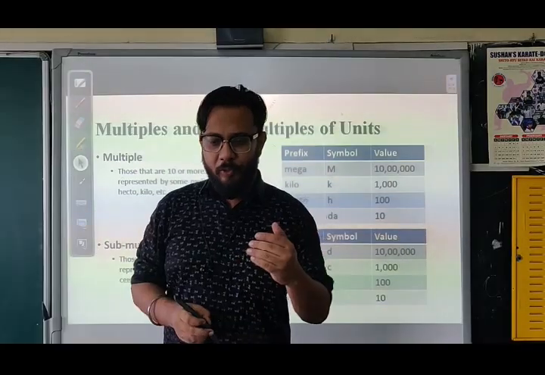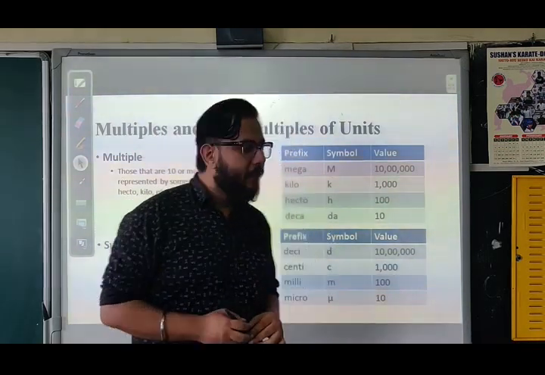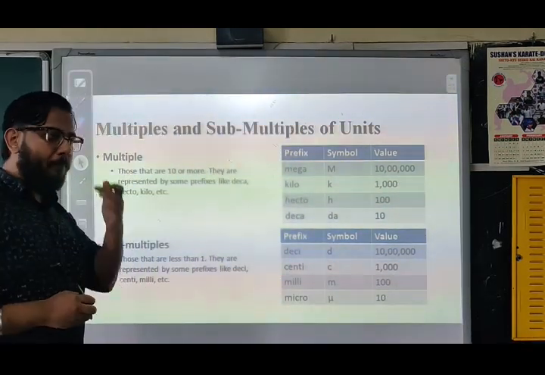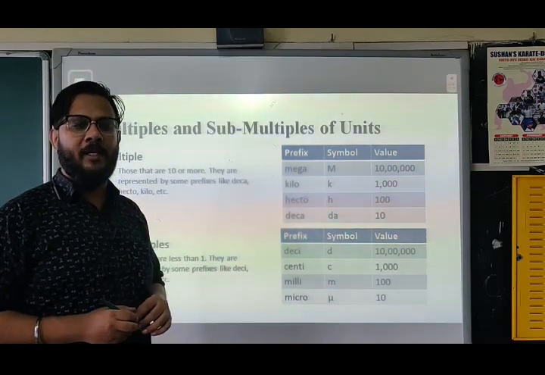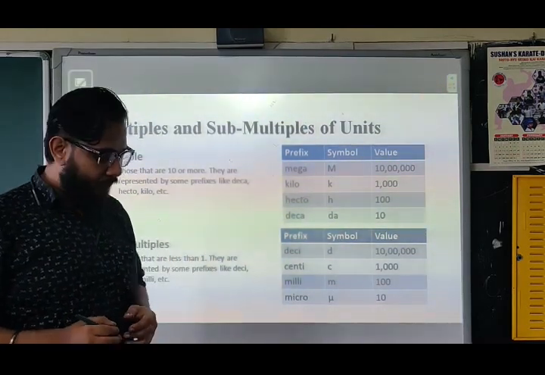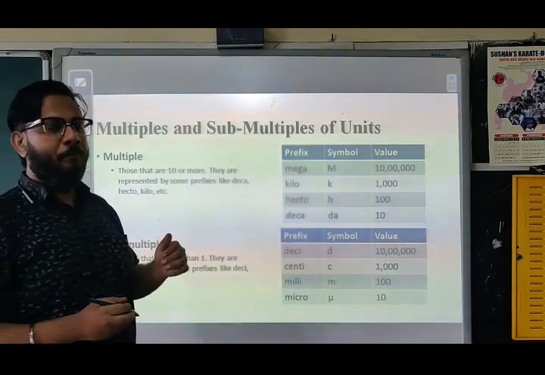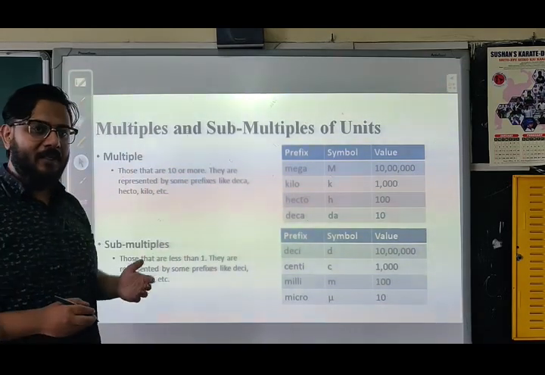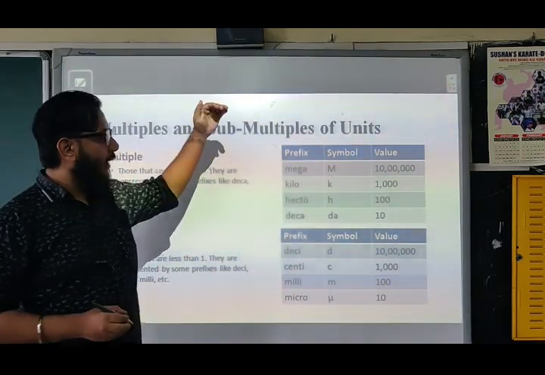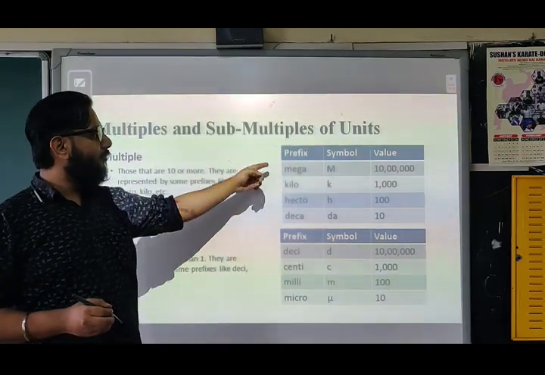So before we get into any of the fundamental units, let's look at multiples and submultiples of units. These are for the mathematical calculations that you have to do. Multiples are basically anything that is 10 or more than 10. And whenever it is 10 or more than 10, we add a prefix.